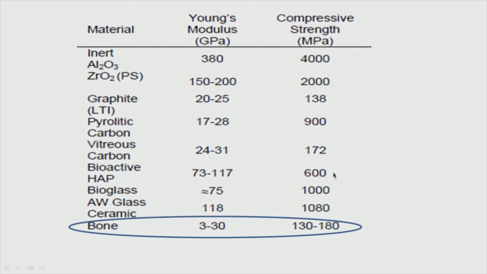The compressive strength, if you look, carbon is comparable to the bone material, whereas hydroxyapatite is quite high. So, this table shows you how each oxide varies, and carbon seems to have reasonably good properties when compared to the bone. Hydroxyapatite comes here, and your bioglass comes here at 75, but it has a very high compressive strength.